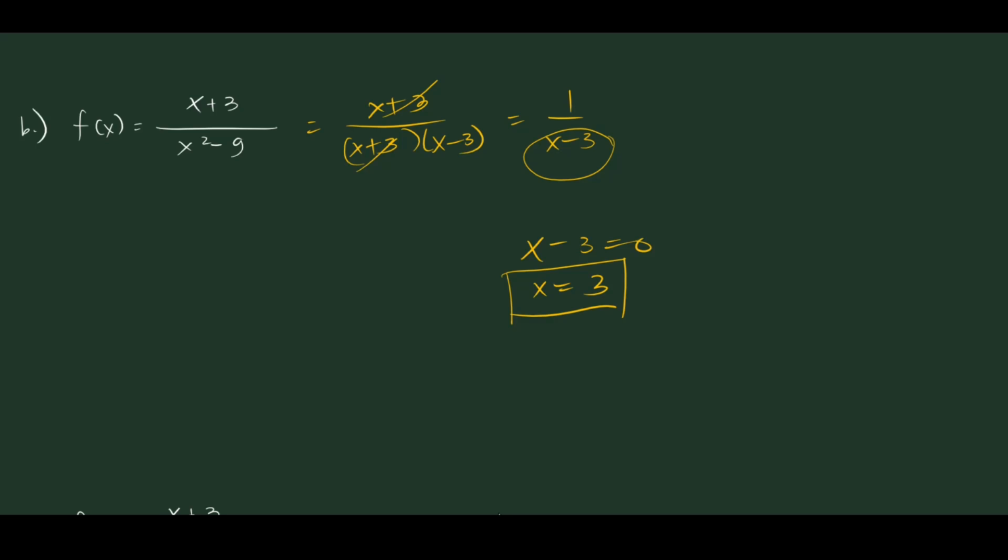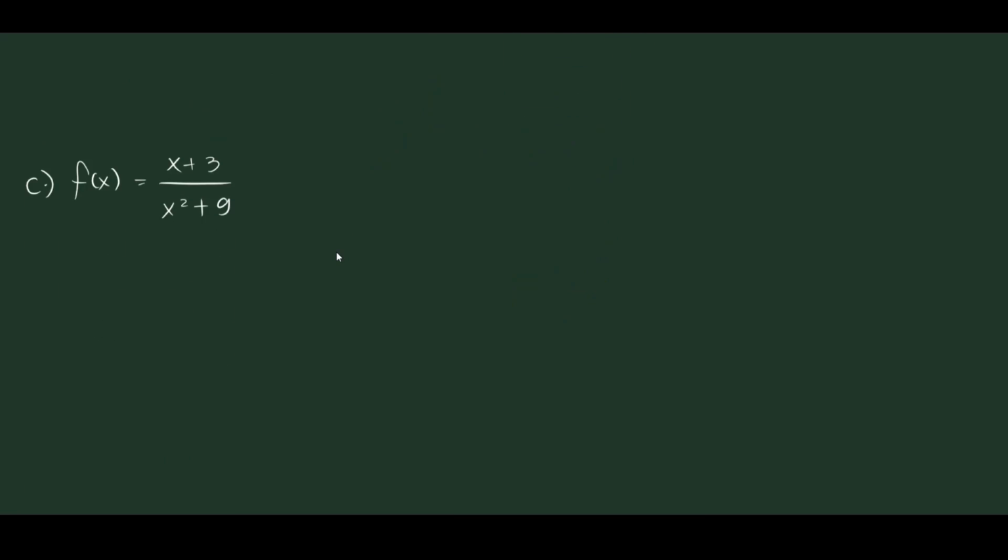Okay, so let's now go to our last example. We have right here x plus 3 over x squared plus 9. Can we factor out this denominator? No, right? We cannot factor that out, and so we cannot cancel out this x plus 3.